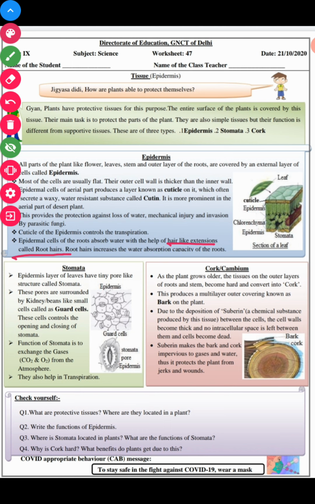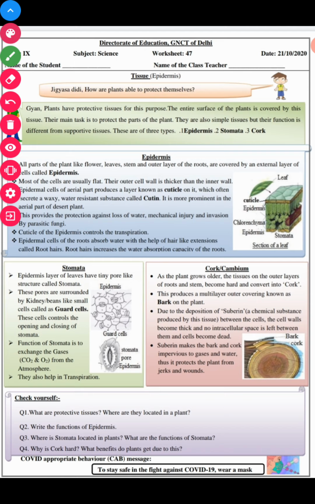Root hair is present on the tip of the root, and it increases the water absorption capacity of the roots. Root hair basically helps in the absorption of water from the soil.